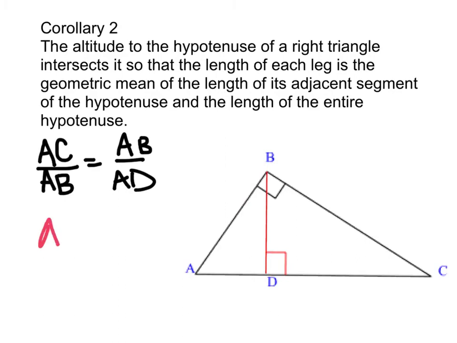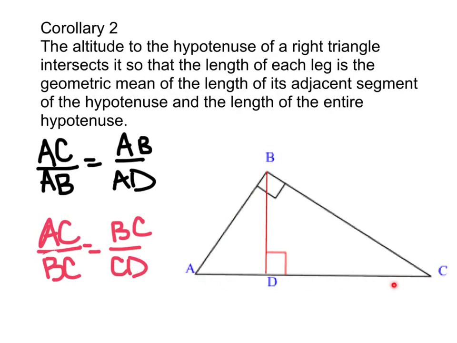We can say that AC over BC is equal to BC over CD. Again, we're comparing the length of the entire hypotenuse of the big triangle over the leg is equal to the hypotenuse of the triangle on the right over the leg.